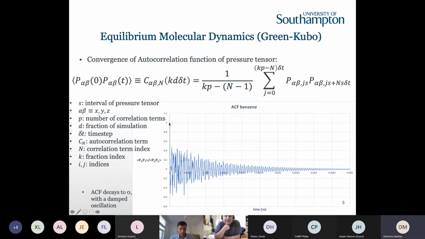Correlation at the beginning, because we correlate the function with itself, is always 1 at the beginning. But then the pressure fluctuates. I think for the low pressure, we have an average value of 1 atmosphere, but it fluctuates from minus 1000 to 1000, and that's why the negative correlation.